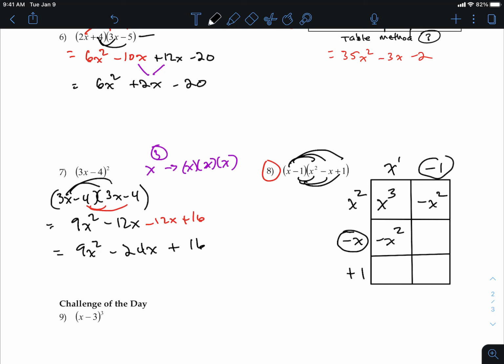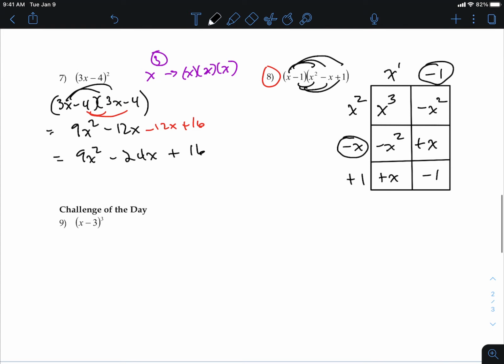Negative times a negative, plus x, minus 1. You rewrite that: x cubed minus 2x squared plus 2x minus 1.